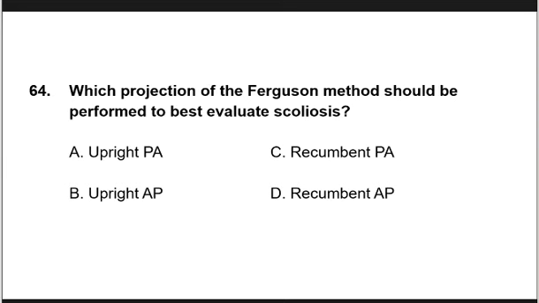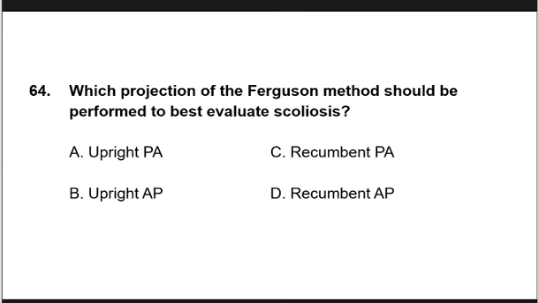So pag sinabi natin scoliosis, that is referring to the abnormal lateral curvature of the spine. That is scoliosis. So may mga projections tayo or methods na ginagamit to demonstrate the scoliosis.